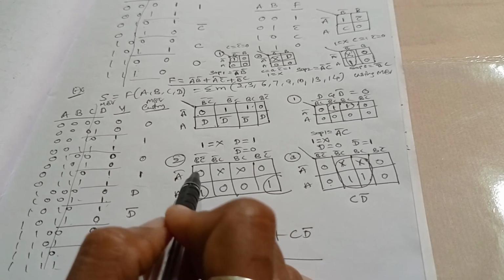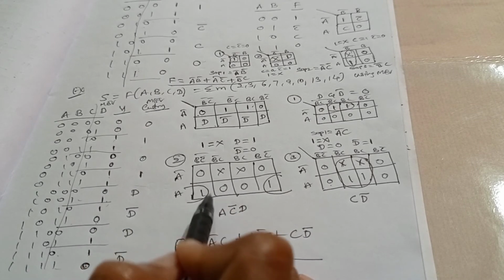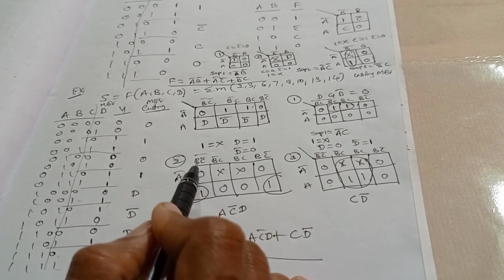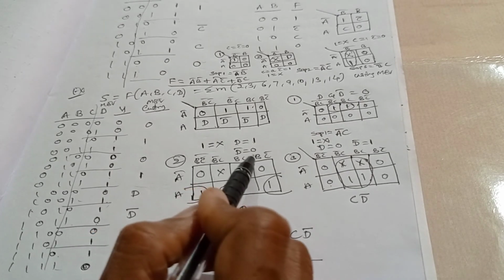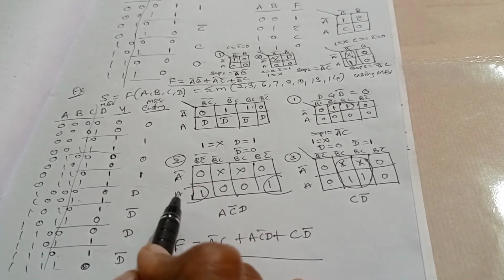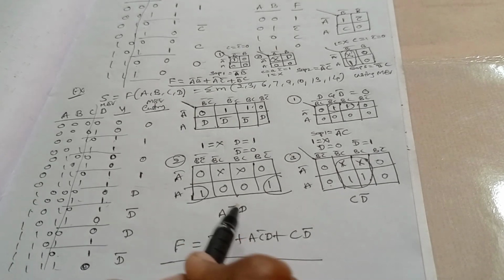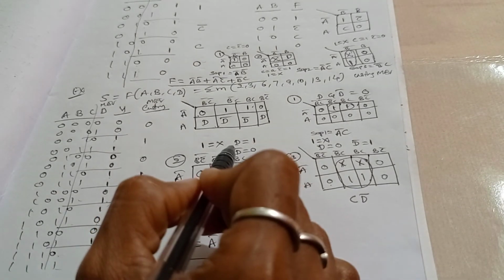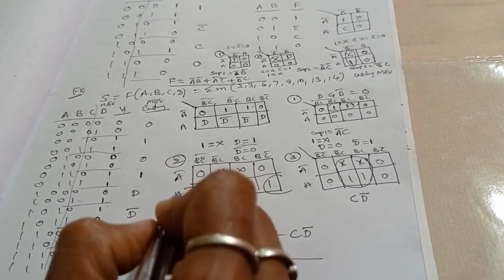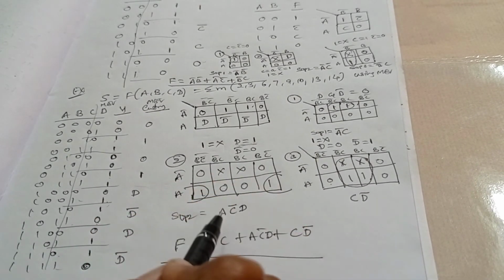Because we can pair only once, these don't cares were not used, so pair these two. In this, we'll check: B is changing, eliminate B, C bar is constant. So consider C bar as well, and A from this side. A C bar, but this is the occurrence of D because D is 1. We are considering D is 1. So the occurrence of D. So this SOP2 becomes A C bar with occurrence of D.